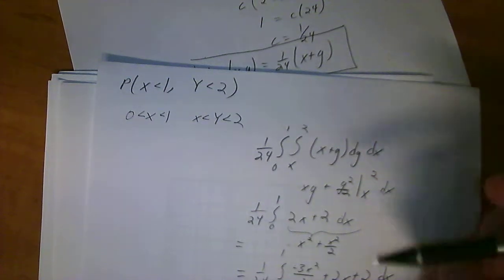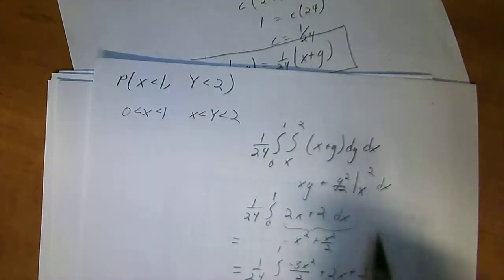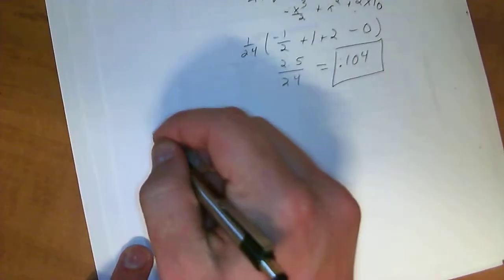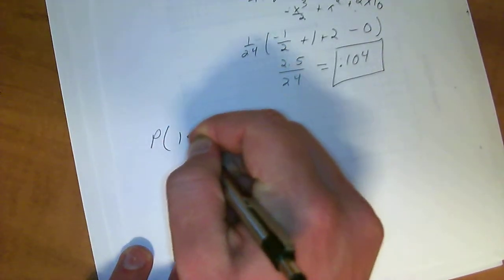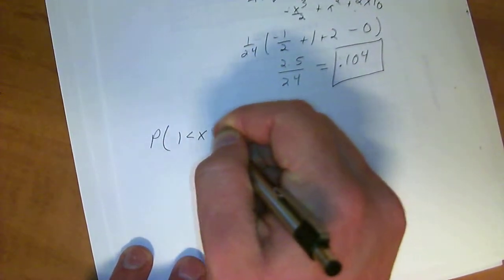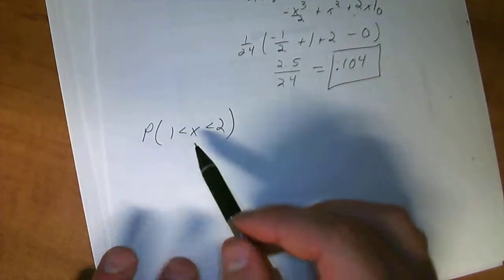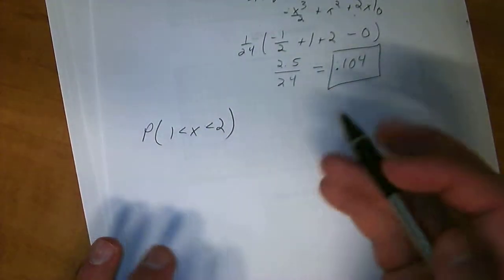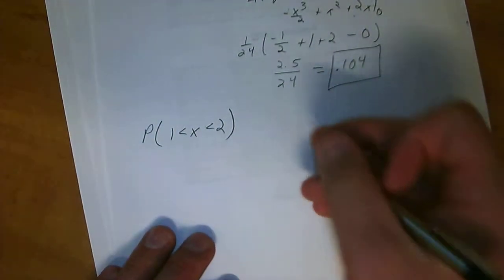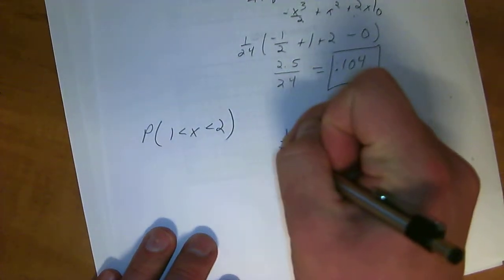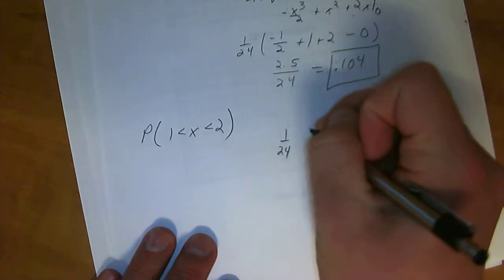So if for some reason you are only given one variable, I'll go ahead and show this. Like the probability of x being greater than 1 but less than 2, well, you're not given any value of y here. So you assume that you take all y's. So if you were to set up this integral, you go 1 over 24, taking the constant outside the integral.